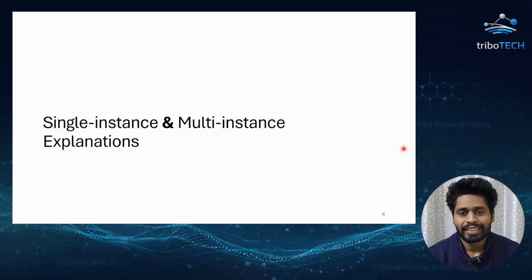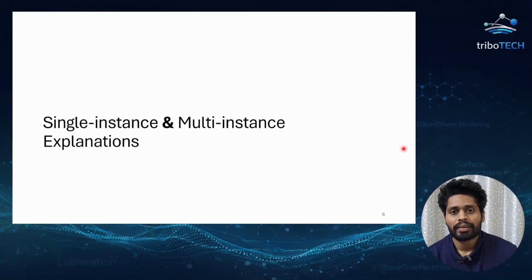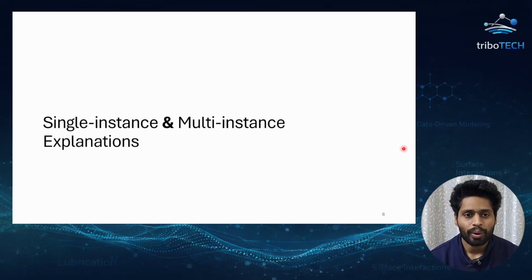Now, so these could be the three tasks of an explainer, depending upon which type of graph machine learning problem we are interested in and what we are basically interested in knowing from the model. Now, there are single instance and multi-instance explanations.